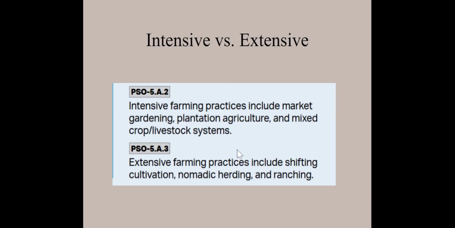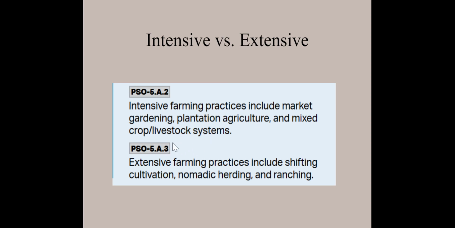Some examples of intensive farming practices would be market gardening, so vegetable gardening, and plantation style agriculture, oftentimes growing things like coffee, cocoa beans or bananas. And then having an operation that includes both animals and what the animals usually eat, so that would be a mixed crop and livestock system.